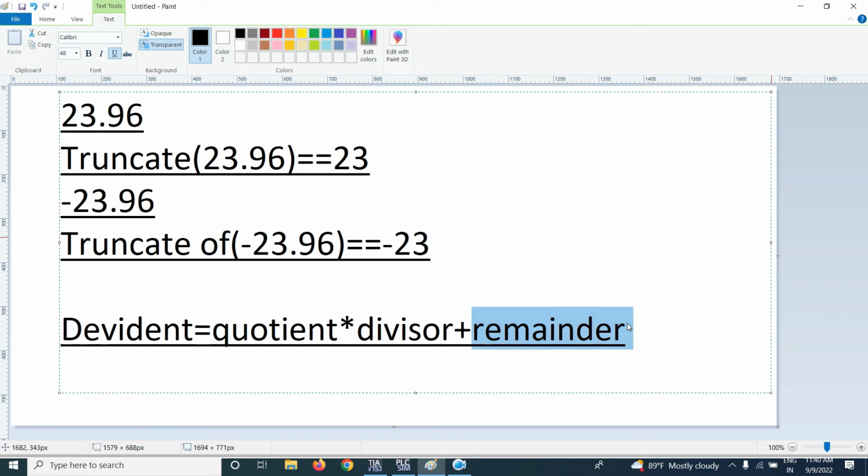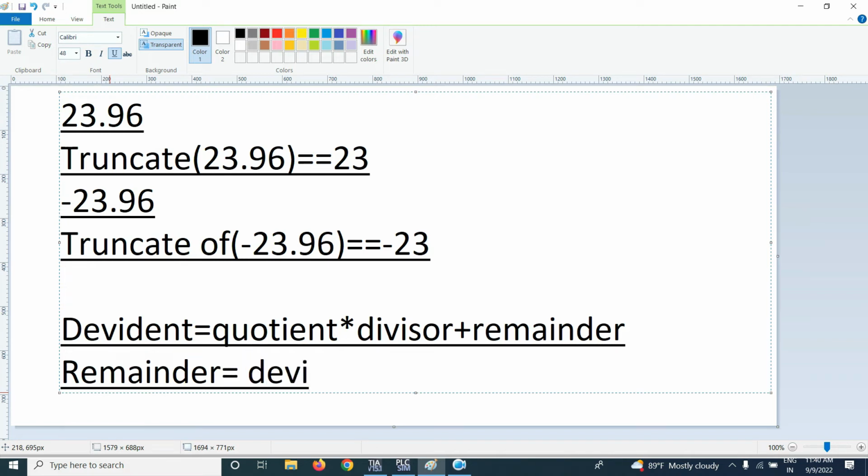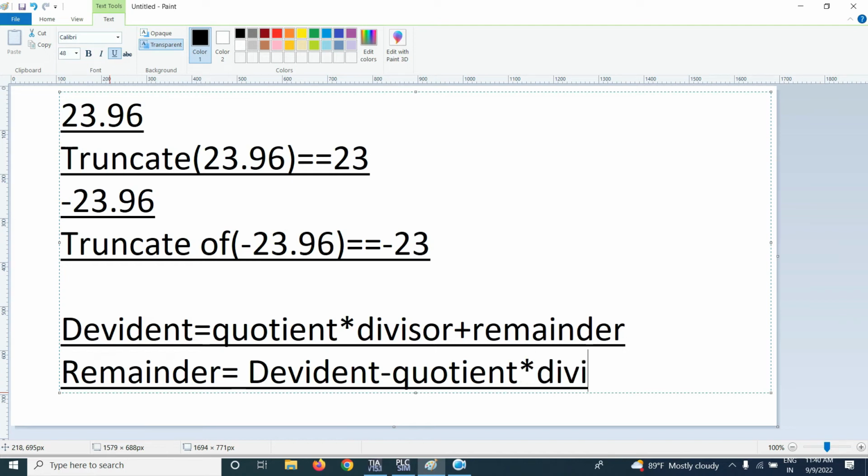I want to find that remainder, so I will write remainder equal to dividend minus quotient multiplied by divisor. Right? That is our equation.